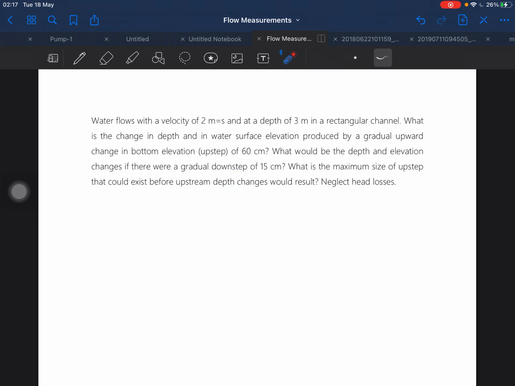And what is the maximum size of upstep that could exist before the upstream depth change is the result? We can neglect the head loss. Of course, in real life we cannot neglect all the head loss, but this is in the problem, so we're trying to do the ideal type.